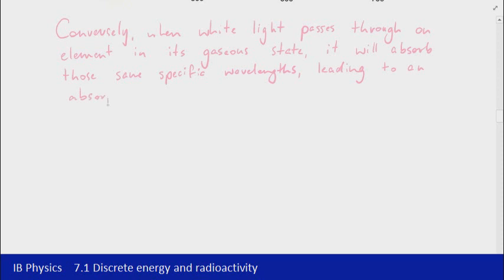So we'll have a look just at the absorption spectrum for hydrogen.